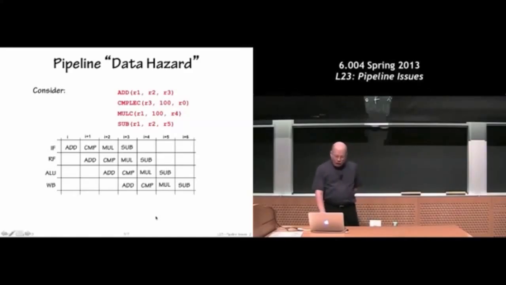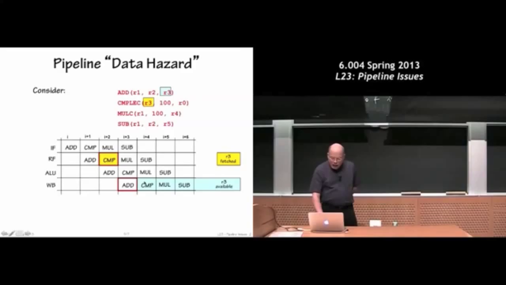We're currently looking at a 4-stage pipeline, although quickly today it will become a 5-stage pipeline. And we're noticing that in this set of instructions, one instruction produces a result, in this case the add produces its result in R3, which is used as one of the operands in the subsequent instruction. Because of the way the pipeline works, the add actually writes its answer into the register file at the end of cycle I+3.